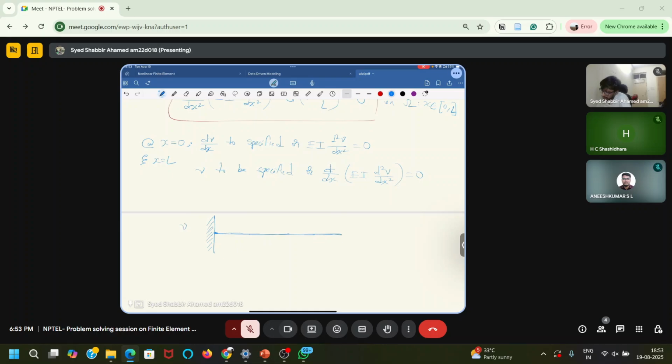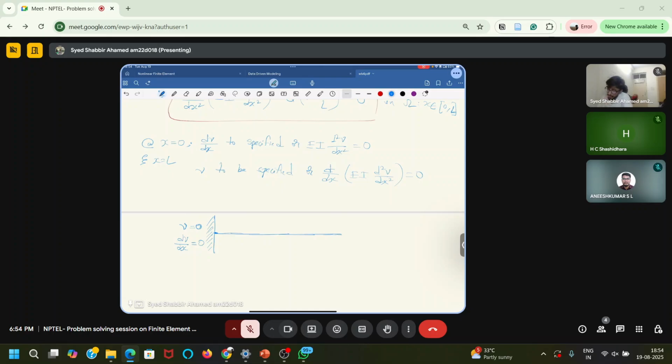So here v equals 0. The transverse displacement of this beam is 0 here, so v is specified, and dv/dx is also 0 here because the slope is also 0. The beam is fixed at this end, so both are specified.